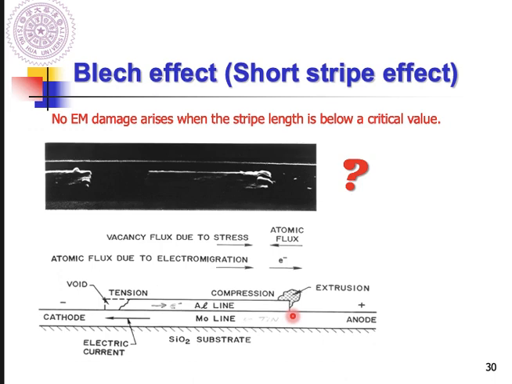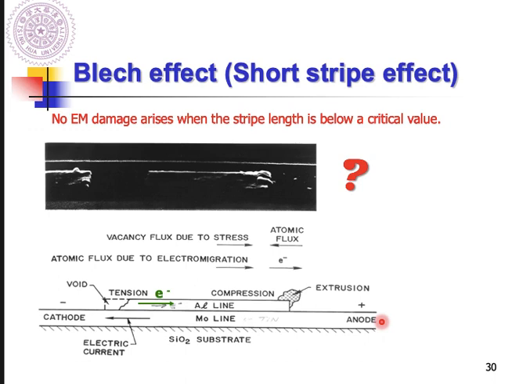We know the resistivity of the molybdenum is larger than aluminum, which means aluminum has a higher conductivity. Based on this, where do the electrons flow? From the cathode through the molybdenum line, then up through the aluminum line and back to the molybdenum line. It will go in this direction, right?